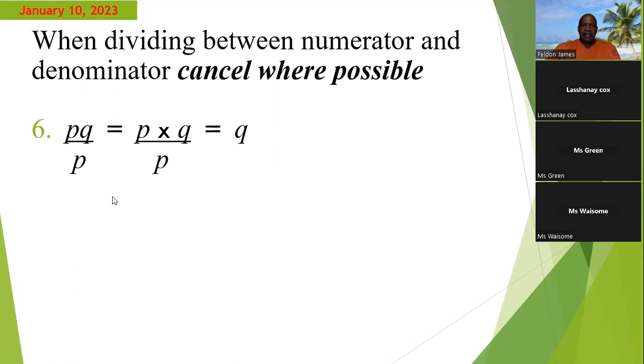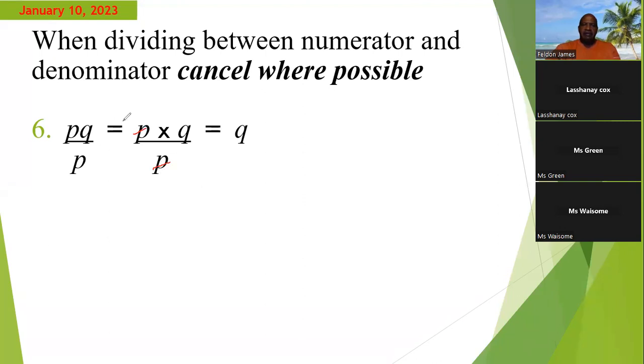All right. So what we do, we look for what we have in the numerator. Now we have P times Q over P. Now if you expand this, putting back the multiplication sign between them, what you notice here, you have a P common in the numerator with a P common in the denominator. So obviously you are able to cancel these.